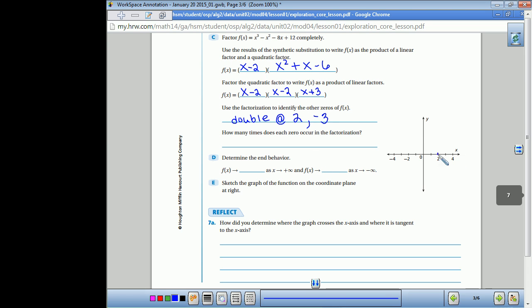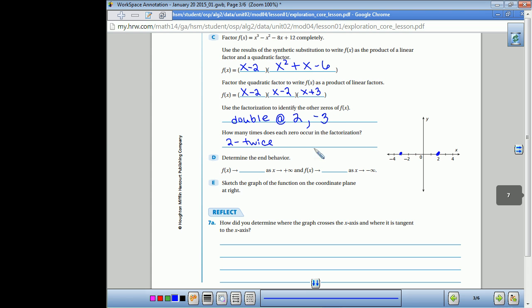This double at 2 tells us what's going to happen on our graph, doesn't it? Because it says how many times? Once we get multiplicity at a root, 2 is twice. Because we have multiplicity at the root, it's not just going to pass through with a straight line. Because it's even multiplicity, it's going to bounce. It's going to be tangent there.